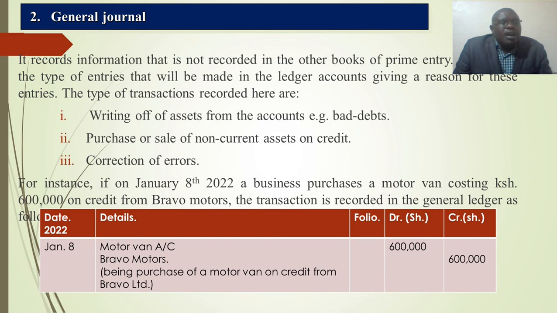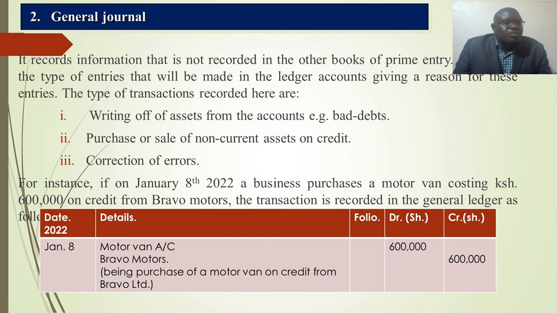So the journal proper is used to record transactions which do not fit in any of the 5 books of original entry which have been discussed so far. So it records all those transactions which do not fit in those accounts, especially transactions relating to sale or purchase of assets on credit.